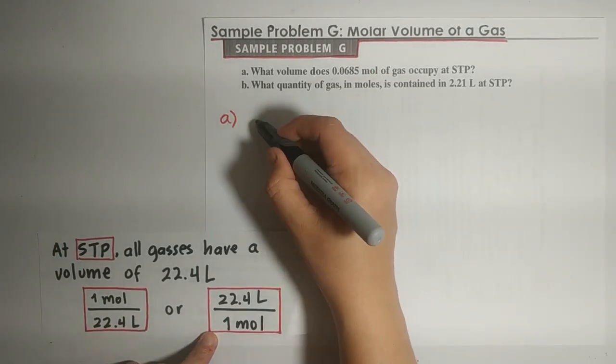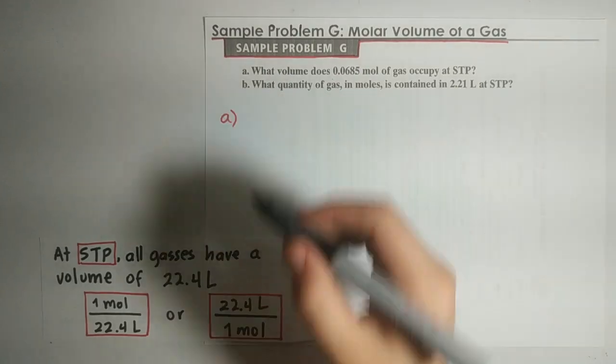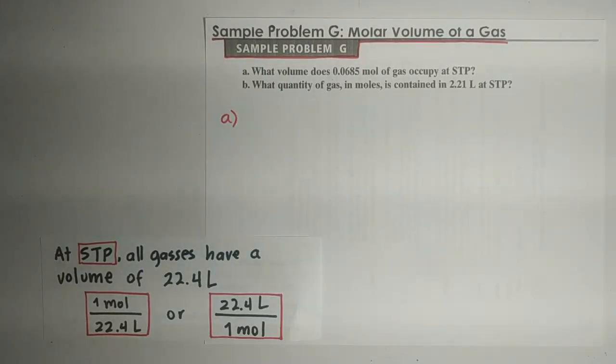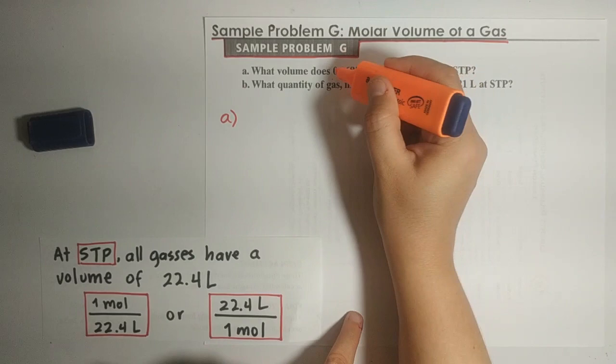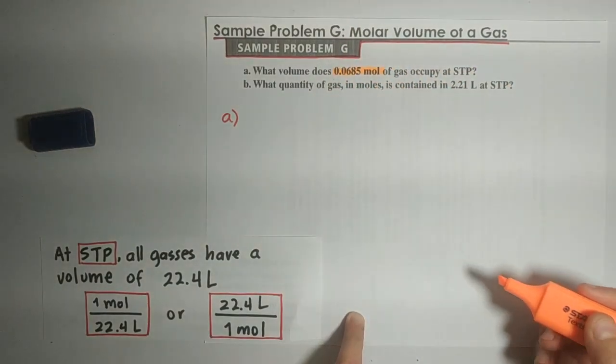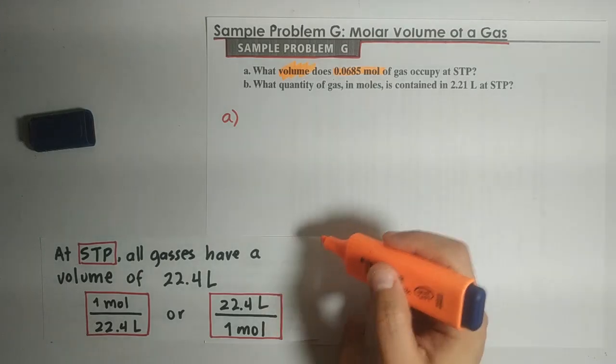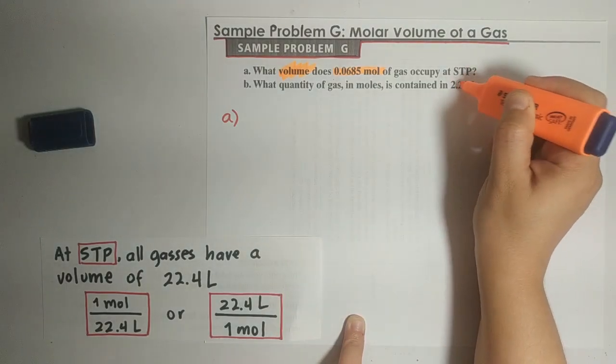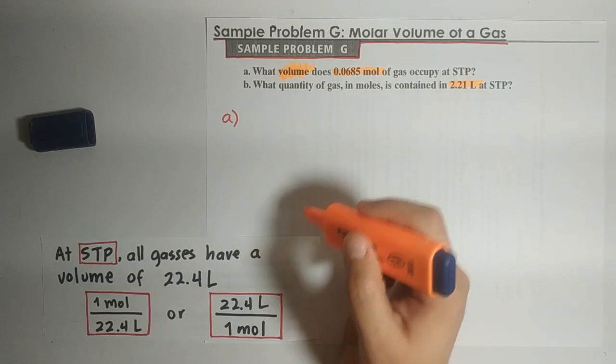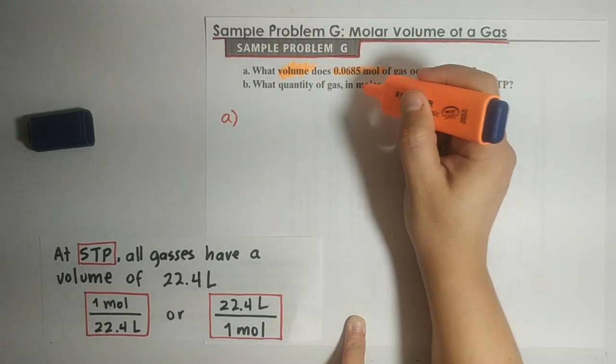So, I have to highlight the givens. I have number of moles and I need volume. I have a volume and I need quantity of gas in moles.